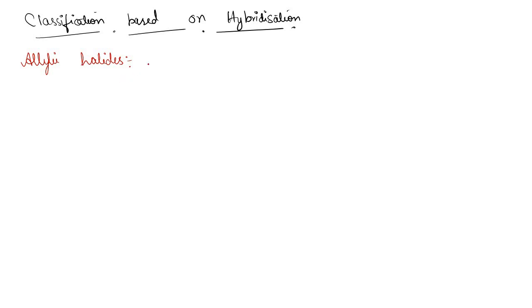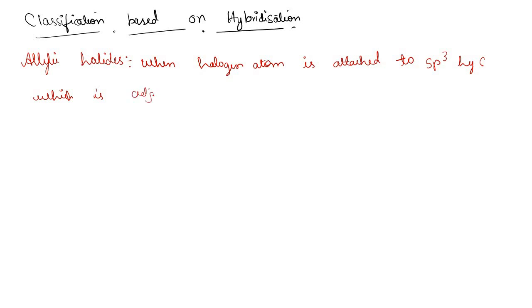Let me explain. When a halogen atom is attached to an sp3 hybridized carbon which is adjacent to a carbon-carbon double bond, meaning adjacent to the sp2 hybridized carbon, that is the allylic carbon.